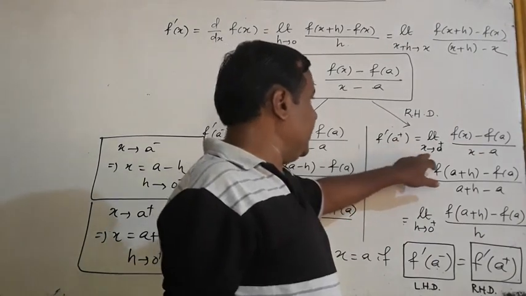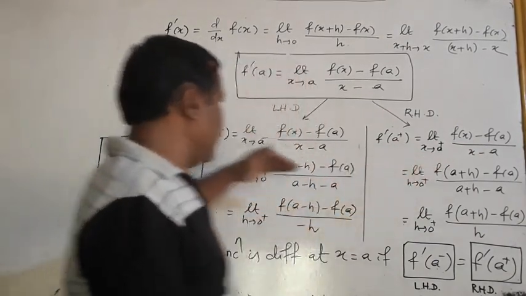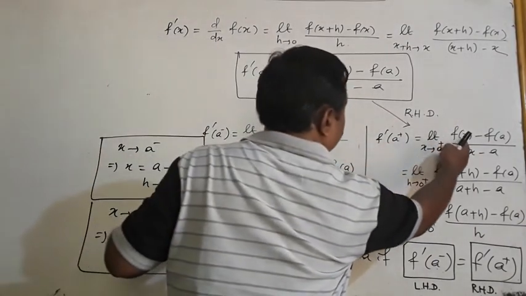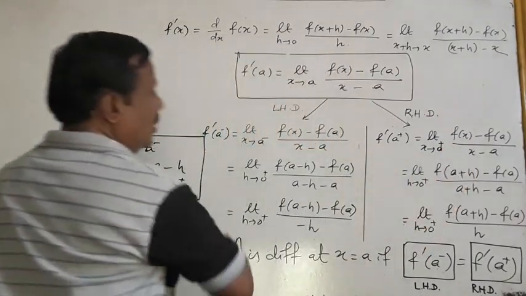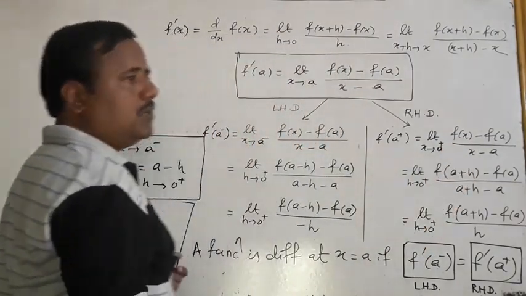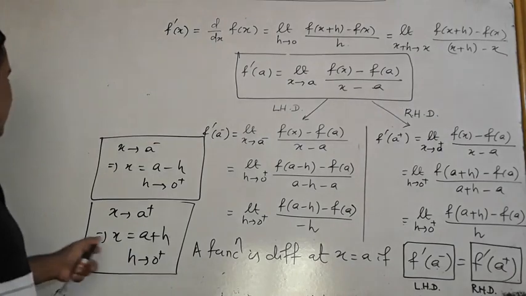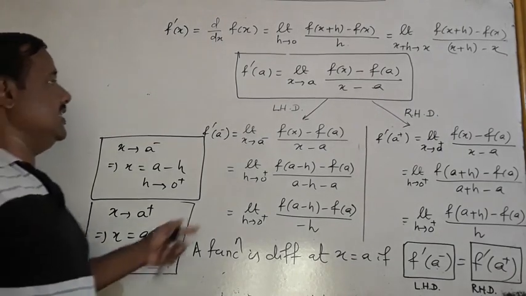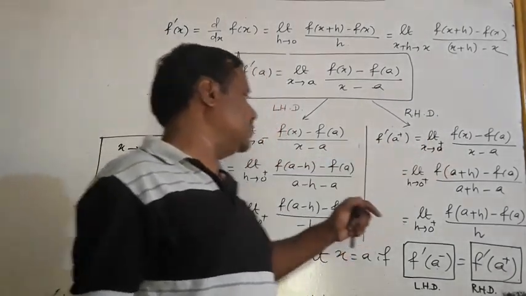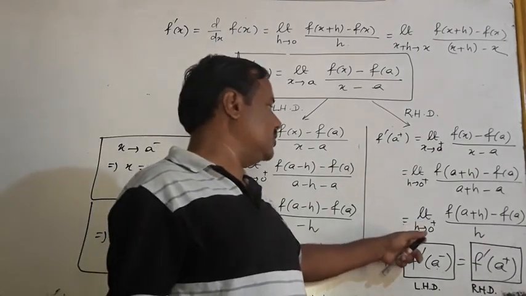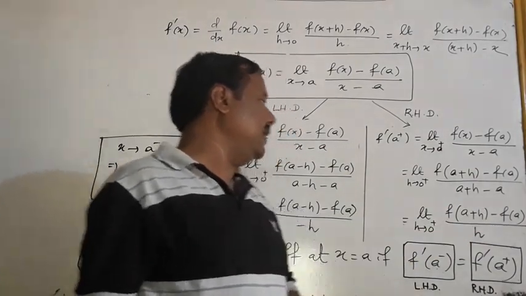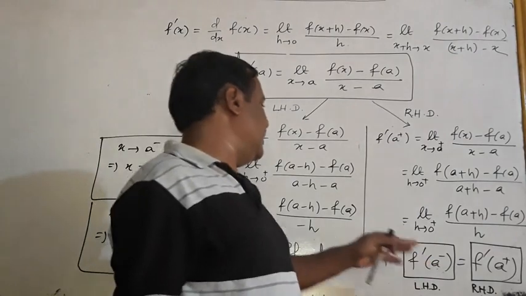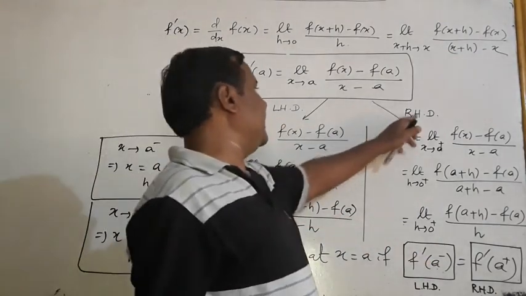My limiting approach will also change: h tends to 0 plus instead of x tends to a plus. It becomes limit h tends to 0 plus of f(a plus h) minus f(a) by h. It is called the right hand derivative.